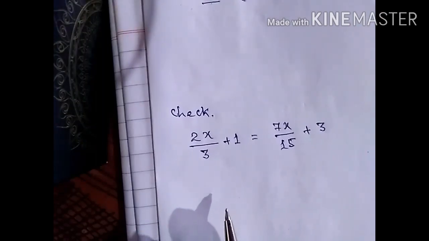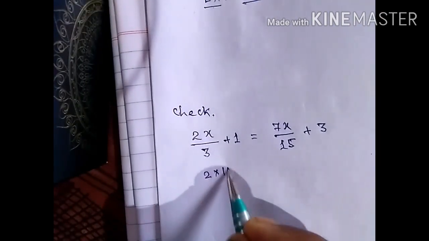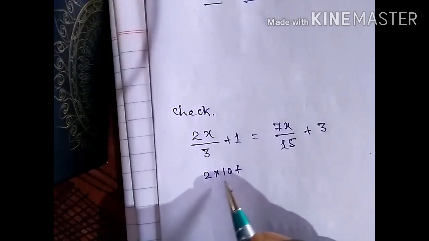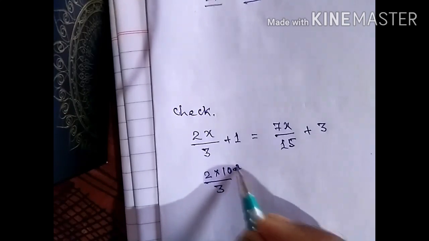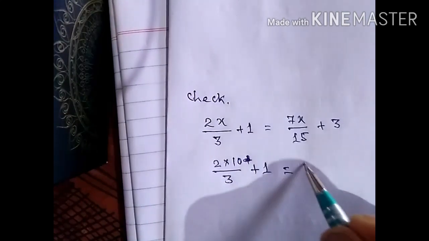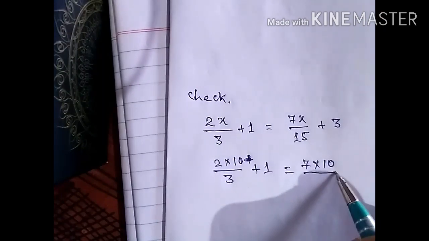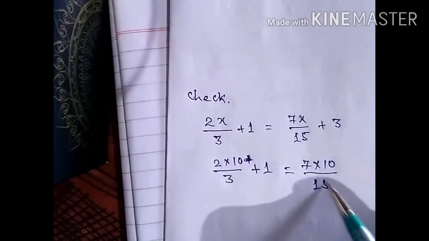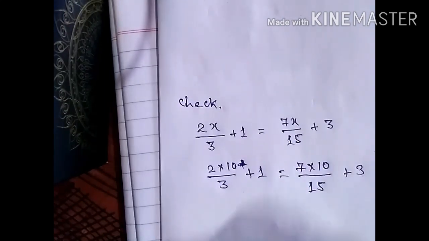So, first, student, this one 2 into 10 upon 3 plus 1 is equal to 7 into 10 upon 15 plus 3.